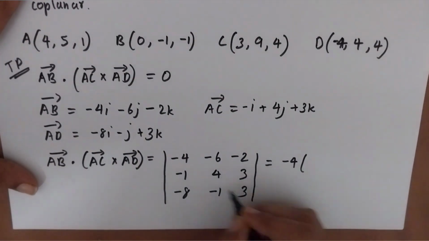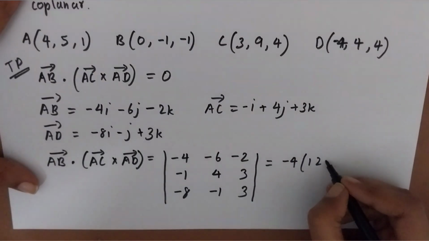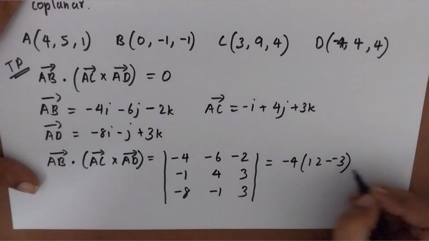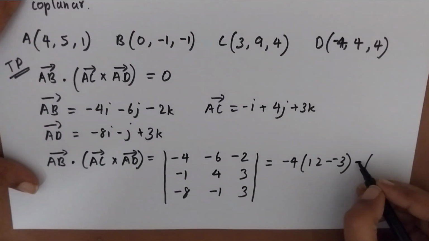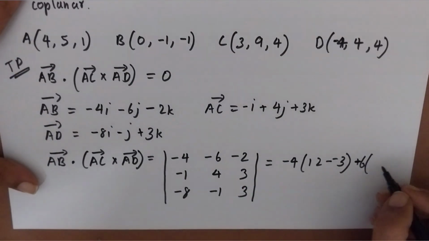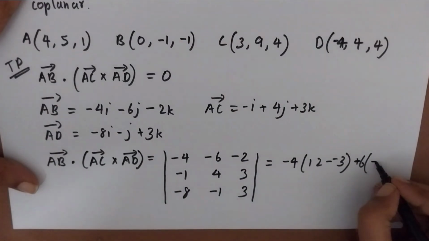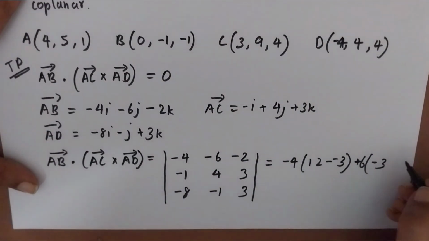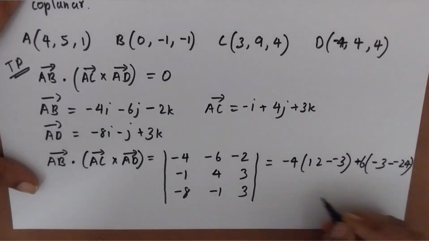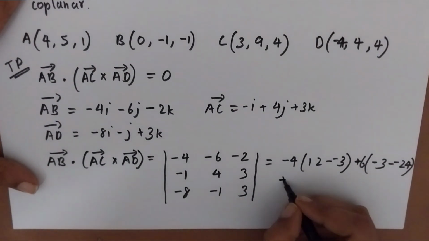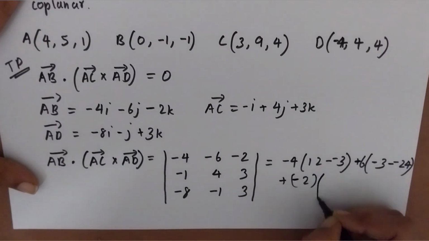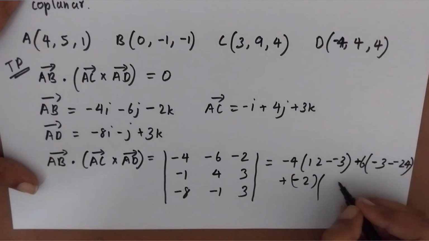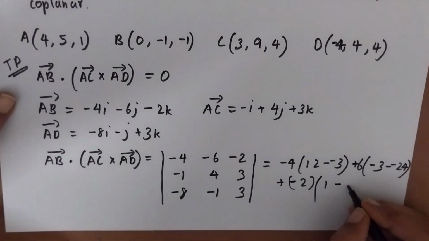Minus 4 times 4 into 3 is 12, minus 3, minus minus 6, which is plus 6, times minus 3 minus 24, plus minus 2 times 1 minus 32.